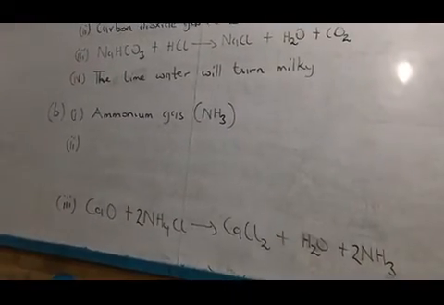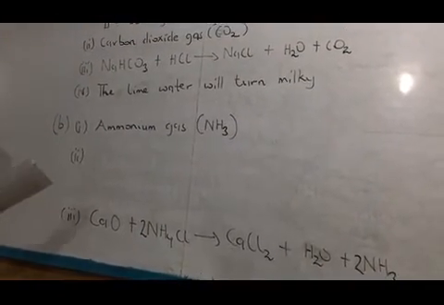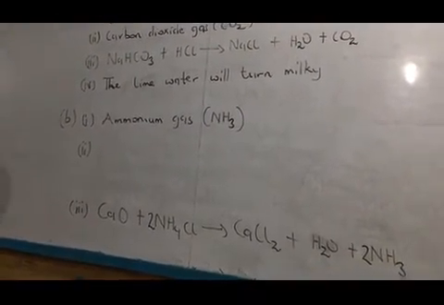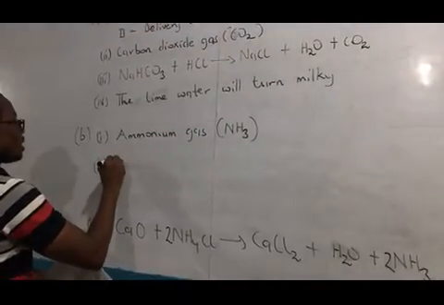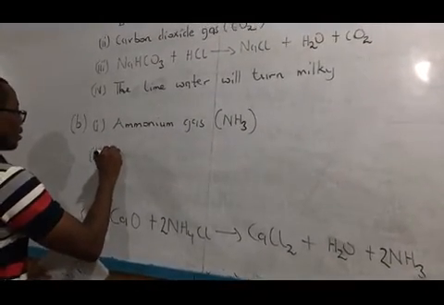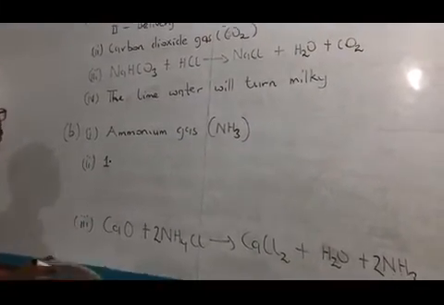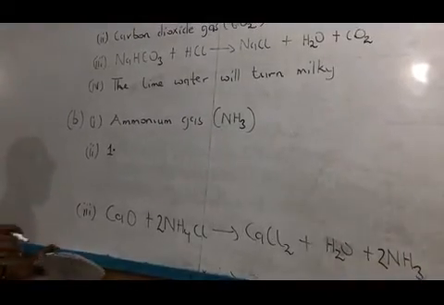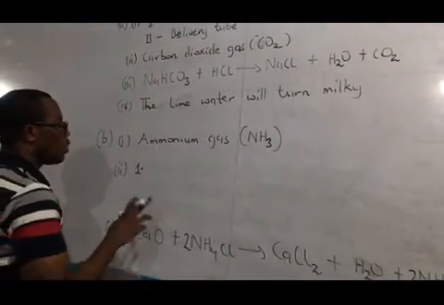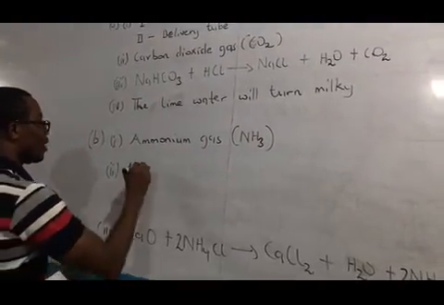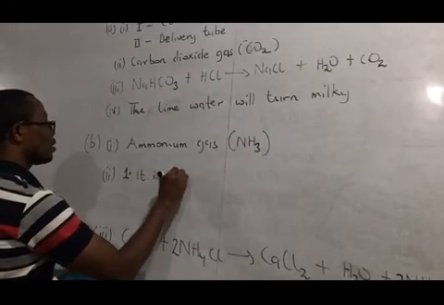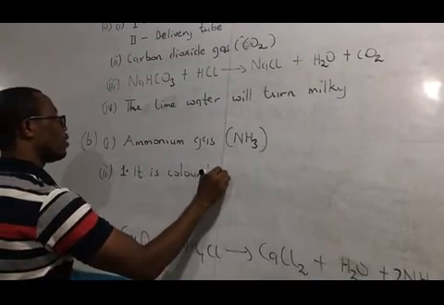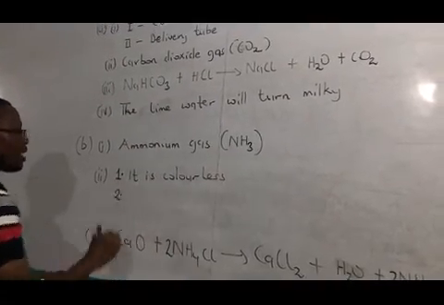And part II says, give two physical properties of the gas named. So you're looking at two properties of ammonia gas. I told you the ammonia gas is colorless. It has no color. But then it has an odor.